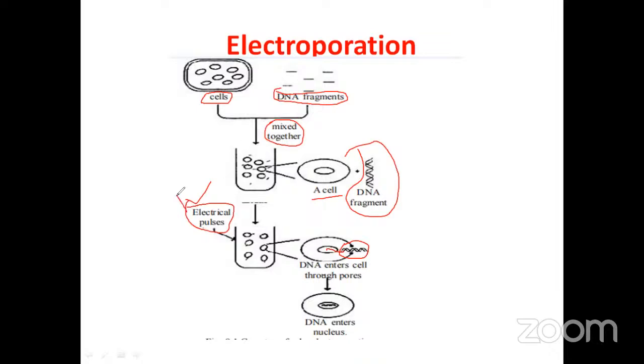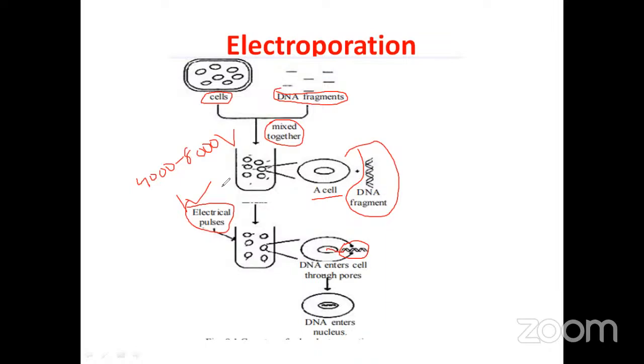This high voltage electrical pulse may be 4,000 to 8,000 volts. It results in the formation of transient pores. Due to this electrical shock, holes or pores are made in the plasma membrane.